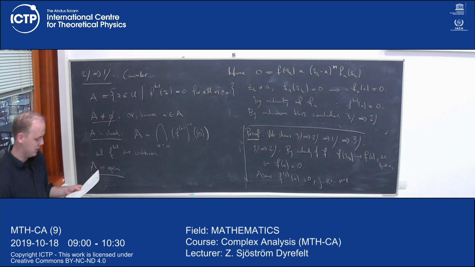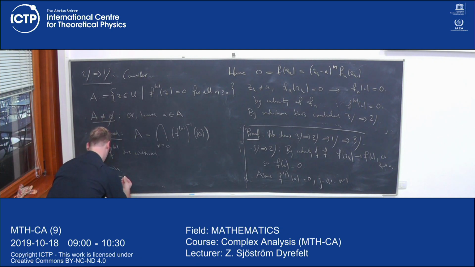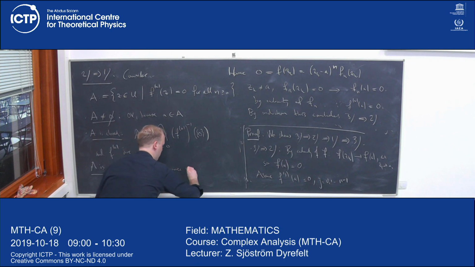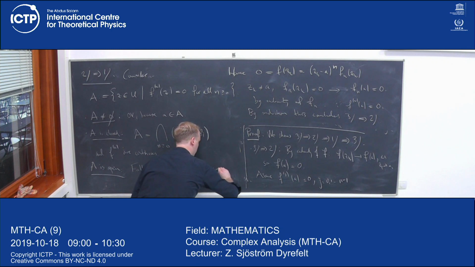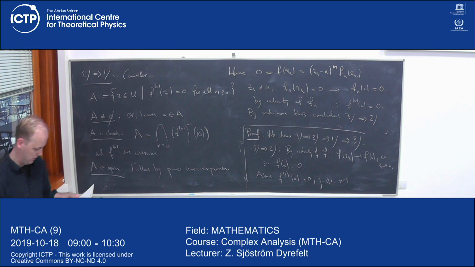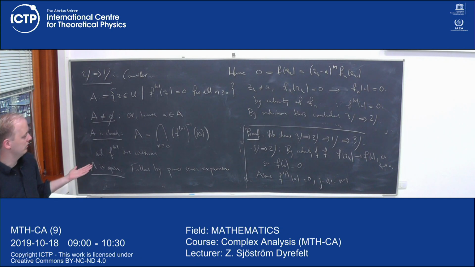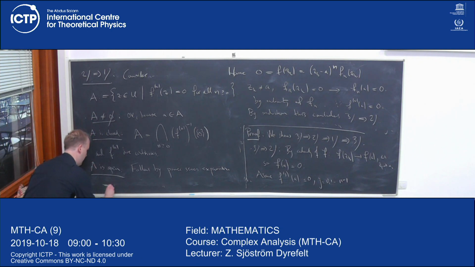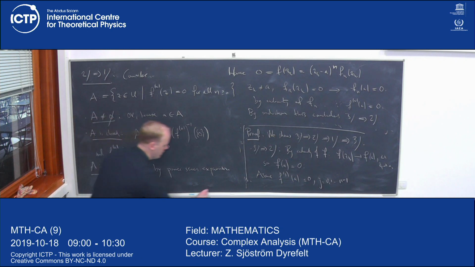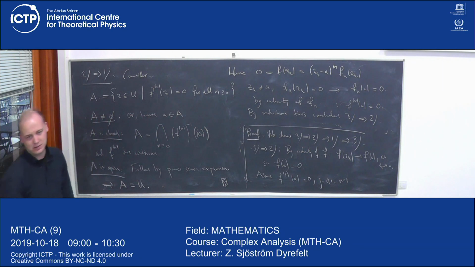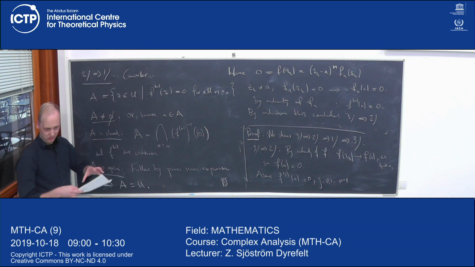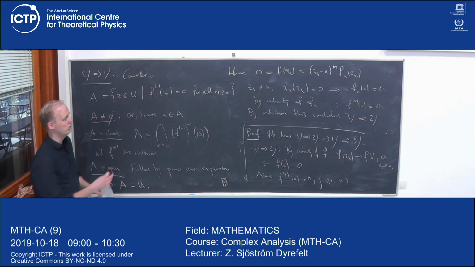So how do we show that A is open? It follows by the power series expansion. Okay, but it has to be continuous. And so we have these three, and we conclude that A must be equal to U. Now, warning: if U was not assumed to be connected, we could do the same thing, but if you have a space with several connected components, and you know this kind of thing somewhere in this space, then it means that the function has to be identically zero on that connected component in which this happens.